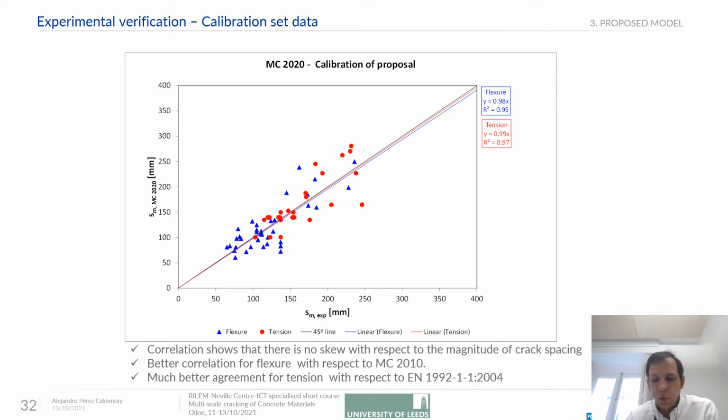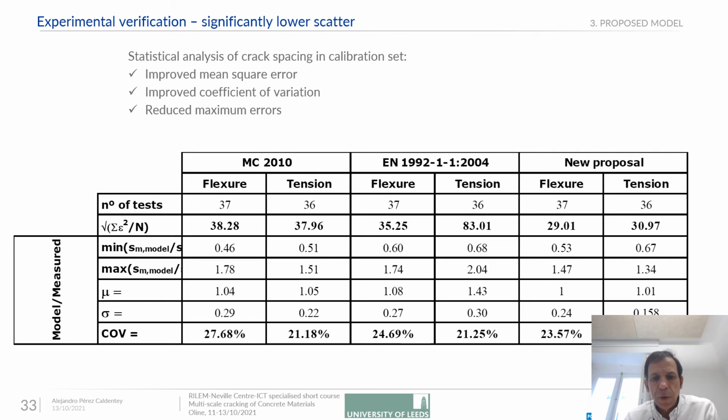If we look at statistics, you can see here the statistics for flexion and tension for Model Code 2010, Eurocode 2, the current version, as well as for the new proposal. And you can see that in terms of the mean square error, we go from 38 or 35 to 29 for flexion, from 38 to 83 to 31 in tension.